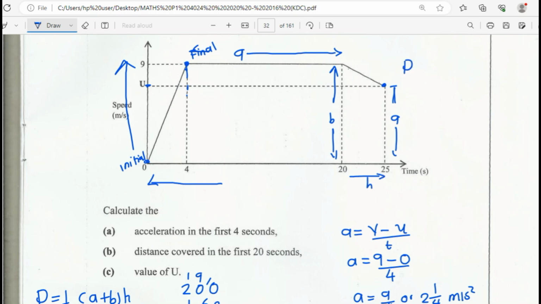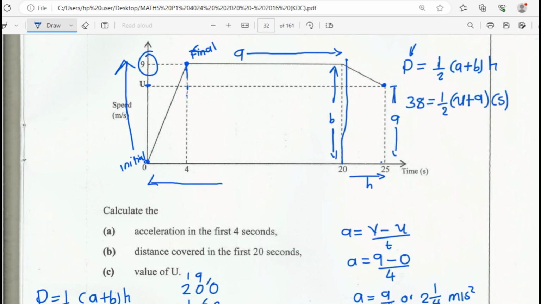So distance is equal to half A plus B times H. So the distance we have is 38. So say 38 is equal to half. A is the distance from here up to here, so it's just U. So you say U plus B. B is from here up to here, which is 9. Height is the difference between 20 and 25, which is 5.